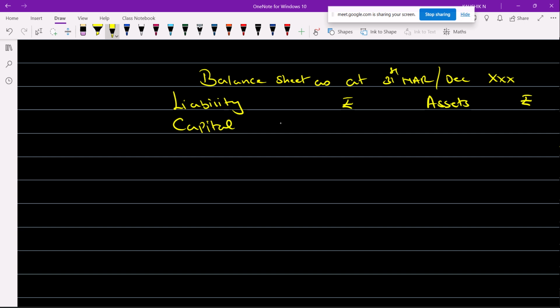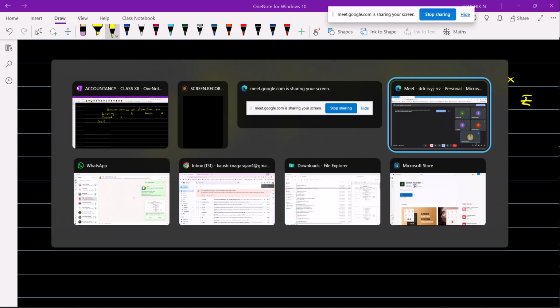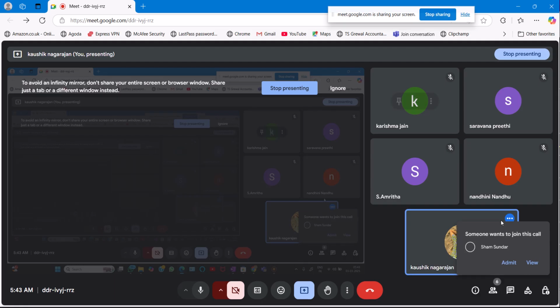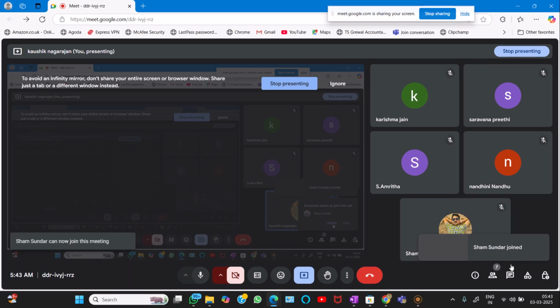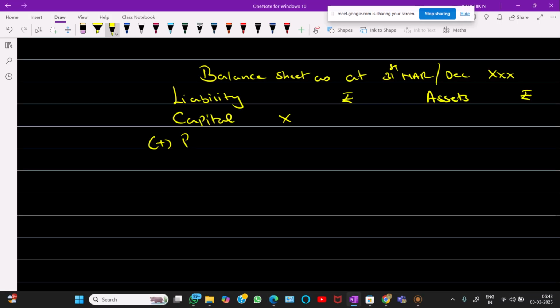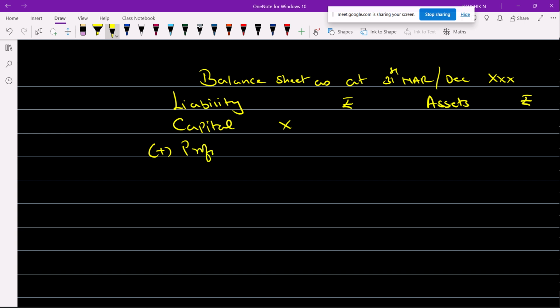capital value. With that, if you are getting a profit, profit will get added, or if you're getting a loss, loss will get subtracted.